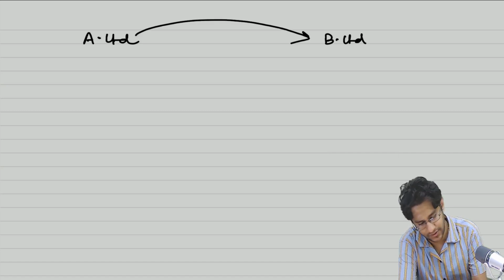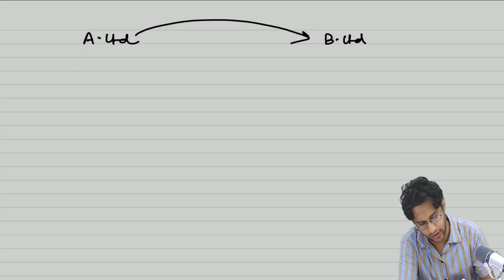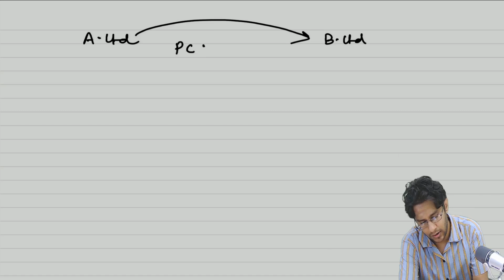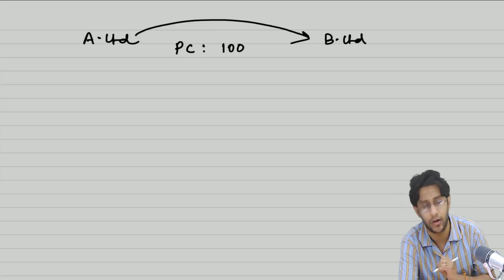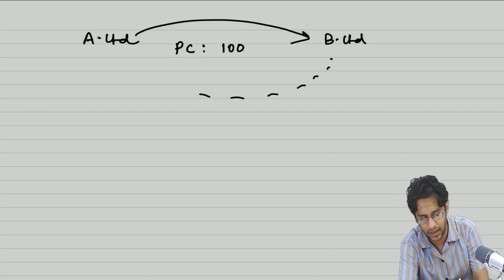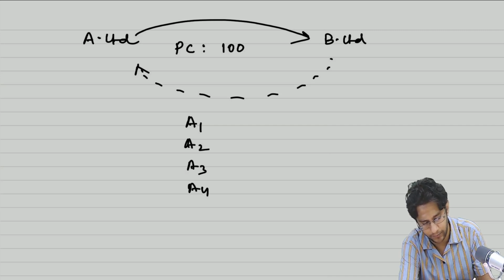A Limited purchased, or else let me put it like this: A Limited absorbed B Limited. The PC paid here is 100 rupees. For this PC, you will take over some assets and liabilities from B Limited. Now, in those assets, there are A1, A2, A3, A4. 4 assets.